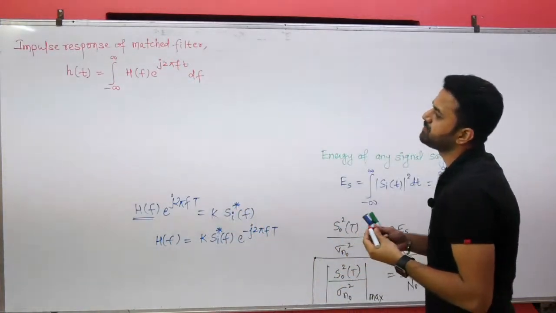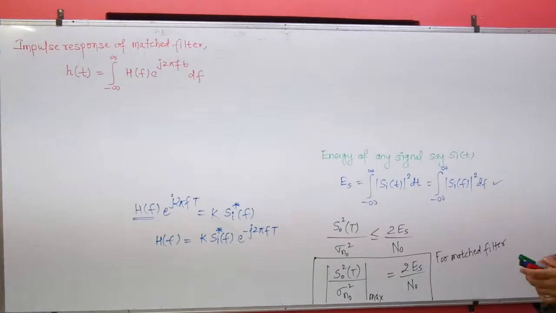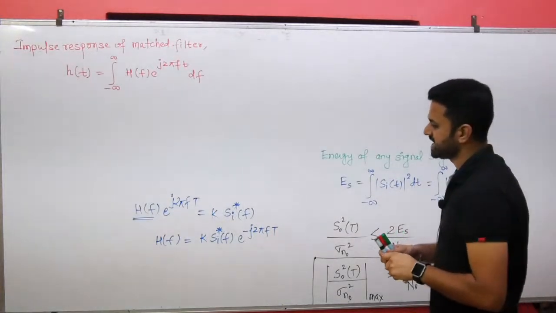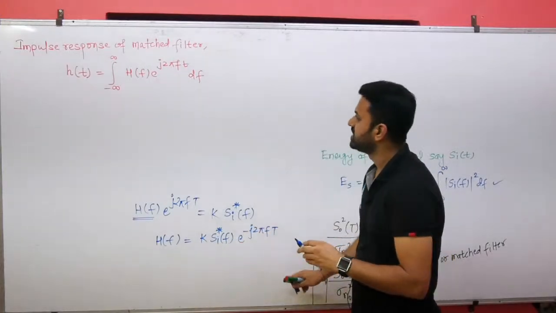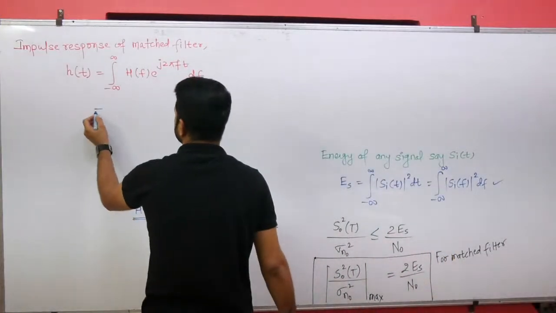So by taking the inverse Fourier transform, we will get the impulse response of the match filter, and we have H of f, so we can substitute this H of f here.